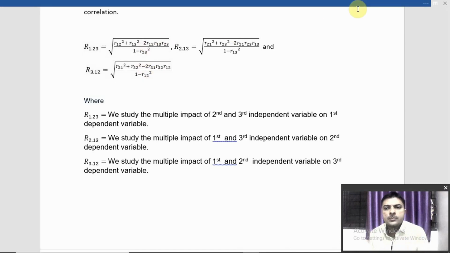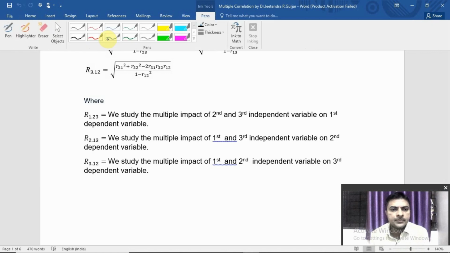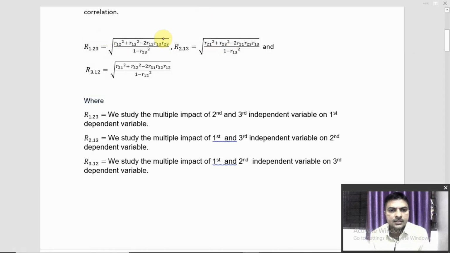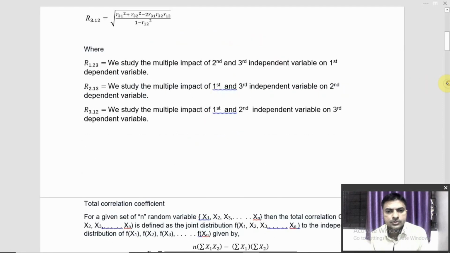So this is how we have to remember this formula, students. These three formulas are very important, and how they impact is more important. You have to remember this.